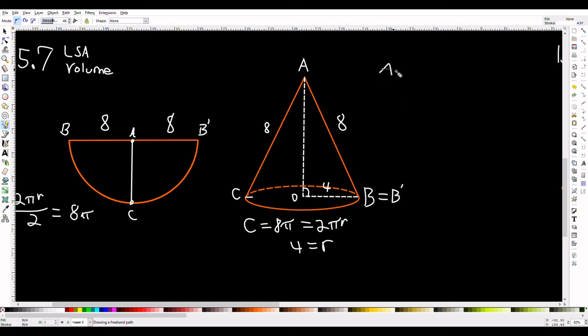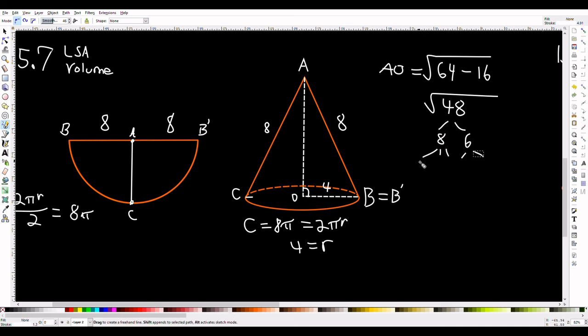So AO squared equals 64, that's 8 squared minus 4 squared, 16. Square root of 48.